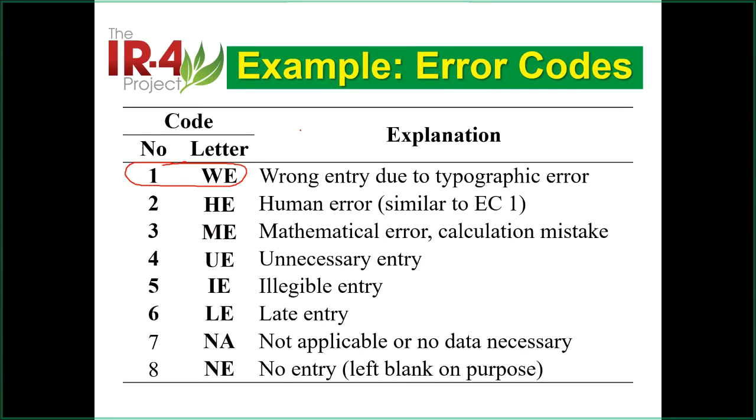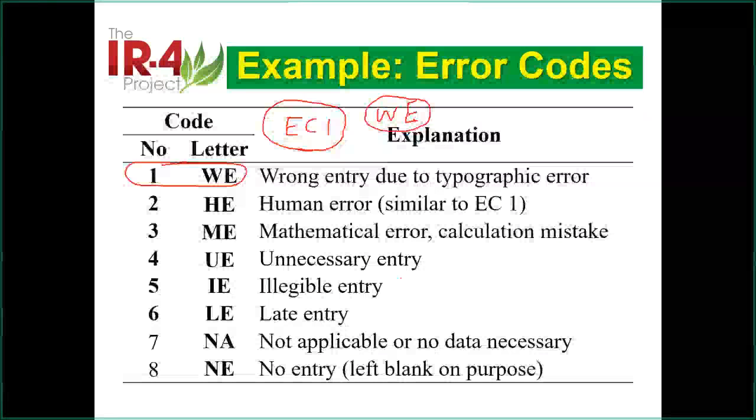So we always put error coding, say 1. And remember, I always say that we put a circle there. Same thing, if you put it there, you put a WE, wrong entry, circle. That's how we do it in my lab.